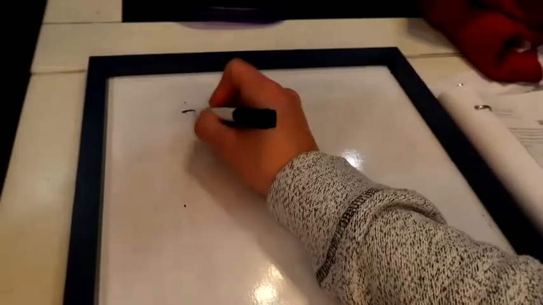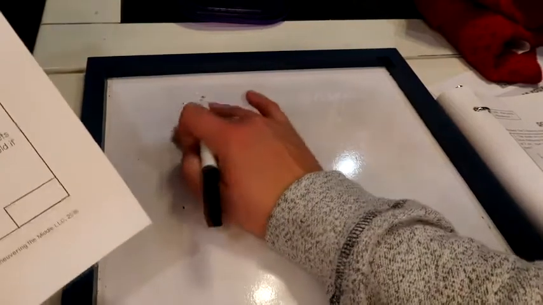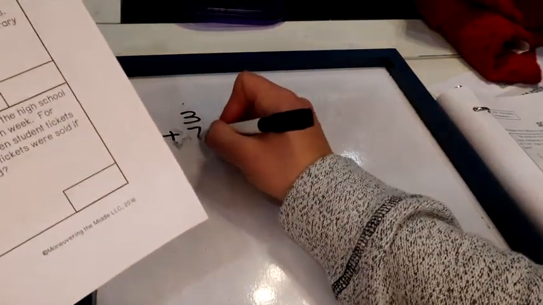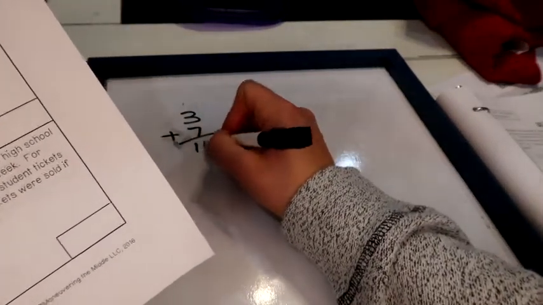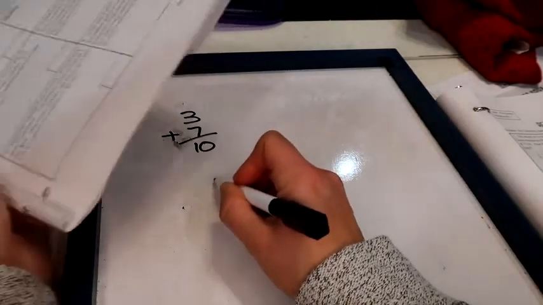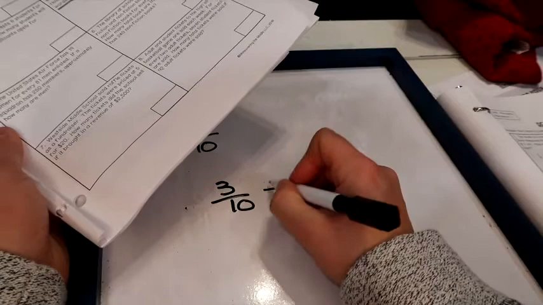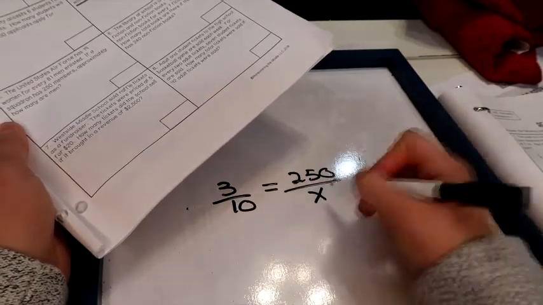We have to take our 3 and add it to 7, which gives me the number 10. So I'm going to put 3 over 10 is equal to 250 over x.